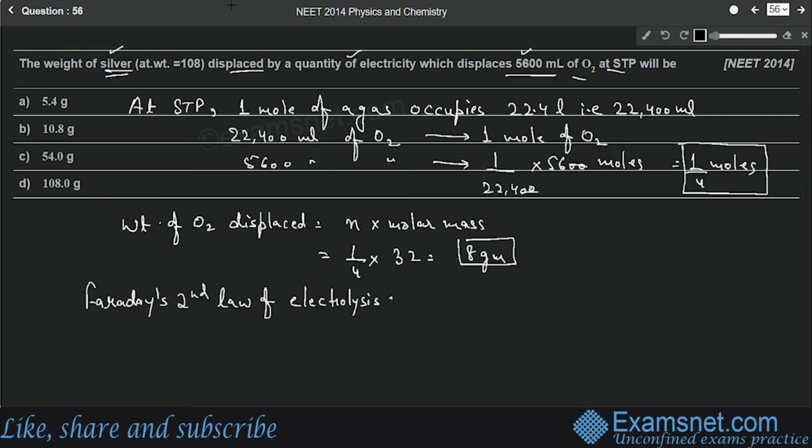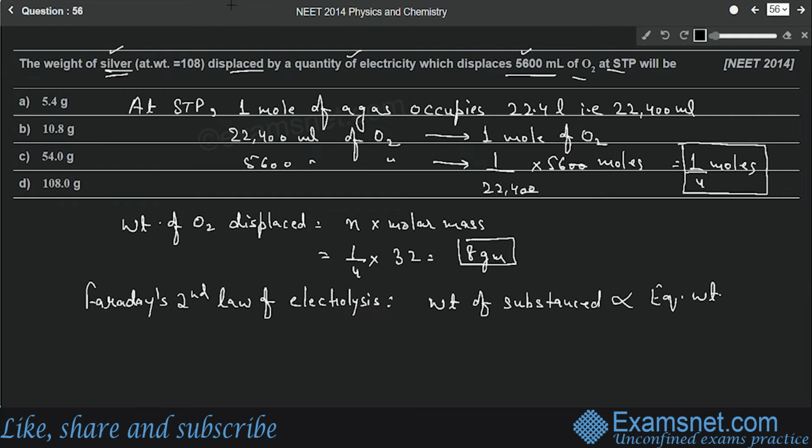Now, according to this law, when the same quantity of electricity is passed through the solution of different electrolytes, then the mass of substance produced at the electrodes is directly proportional to the equivalent weight. So weight or mass of substance produced or displaced is proportional to the equivalent weight of the substance.